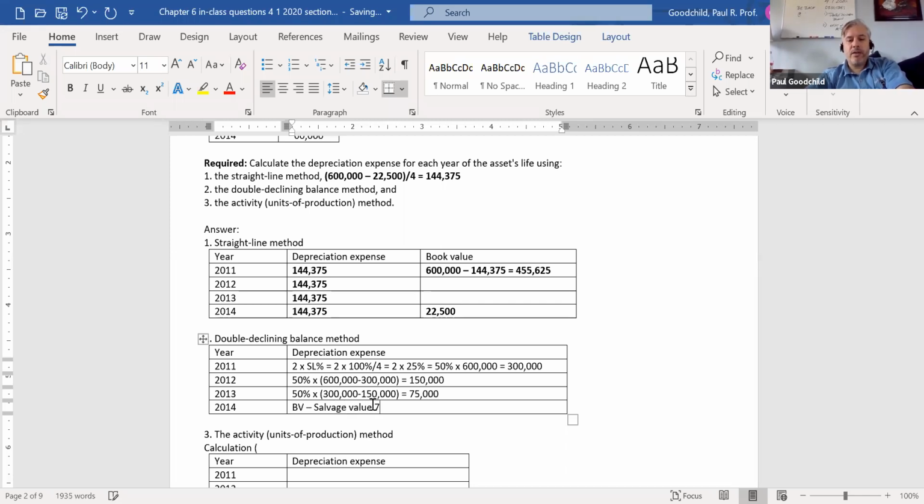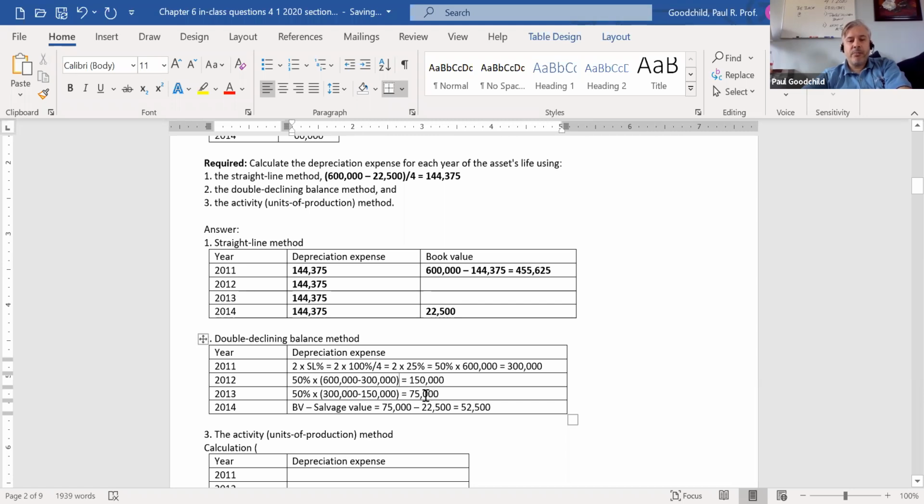So our book value is 75,000 minus 22,500, and so our depreciation expense is 52,500.